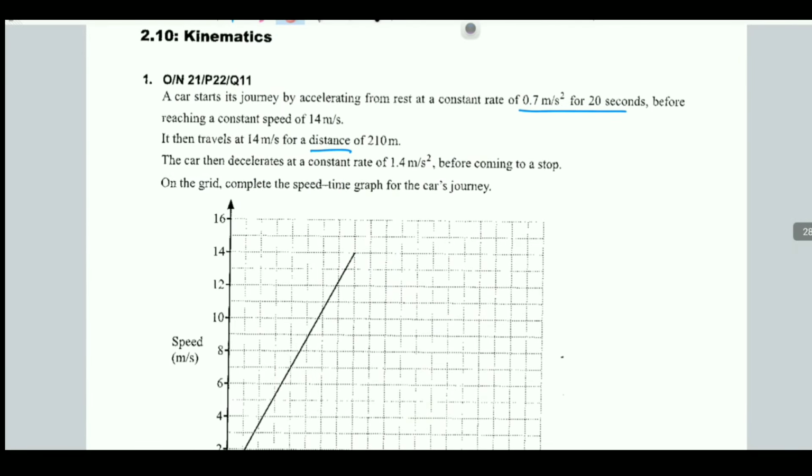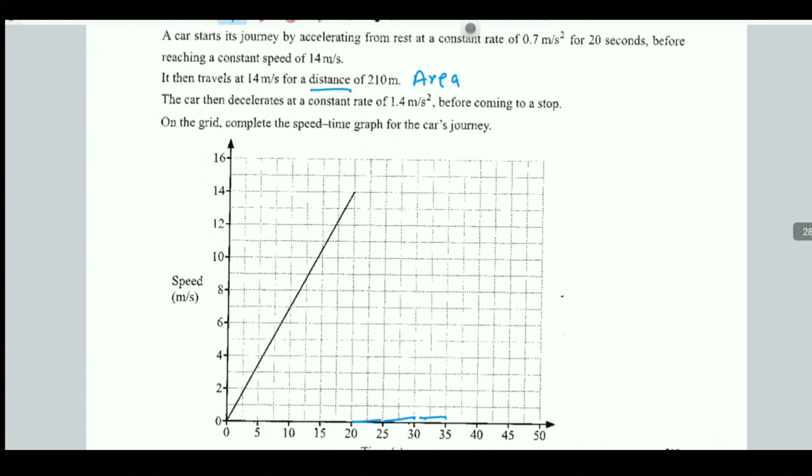Its graph is given. So we have to read the second line. It then travels at 14 meters per second for a distance of 210. You know the distance is area here. So 210 is the area, and we know the next shape will be a rectangle.